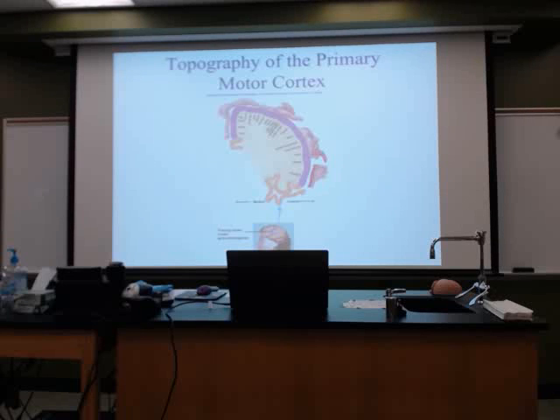If our bodies were made in proportion to the way the brain makes sense of the information, our hands and our feet would be huge, legs would look like toothpicks, the head would be about this big, okay?